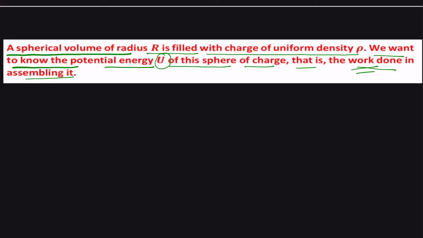So in order to assemble the sphere, we are going to consider that we assemble it shell by shell. We are going to bring a shell from infinity to a particular point, and that will be continuously added. Ultimately, we are going to get a sphere.